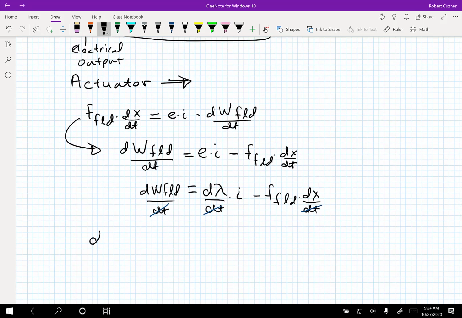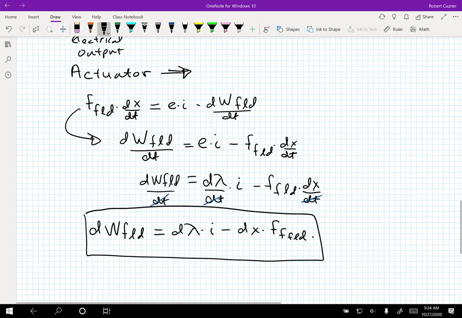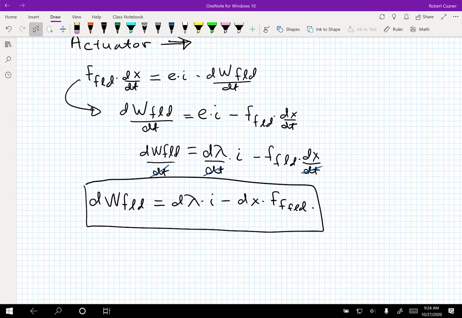And now what we have is a change in energy is equal to a change in flux times current minus a change in position times force. And what we have is now a differential equation from which we could derive an expression for the energy.